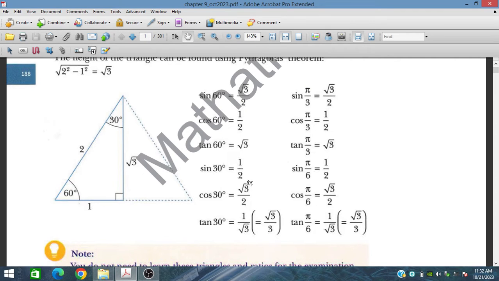If we take tangent, it becomes opposite and adjacent, so 1 over under root 3. So this is simple, we have already obtained this. 60 degrees is pi by 3, and 30 degrees is pi by 6.